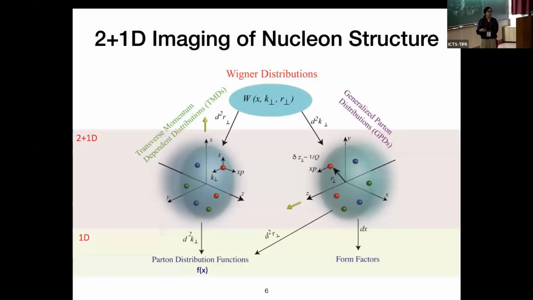So now we are moving from the one-dimensional to the multi-dimensional structure of the proton. To know the entire structure of the proton, you actually need the so-called Wigner distributions, which are five-dimensional distributions with x, transverse momentum, and transverse position.